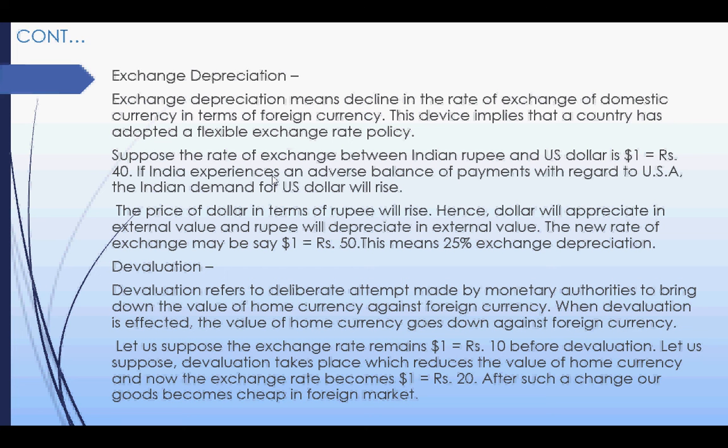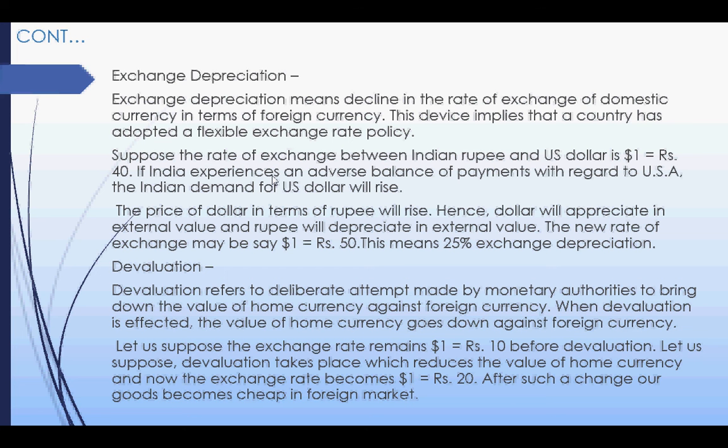Just imagine if India experiences an adverse balance of payment, in order to overcome this position with regard to US currency, the Indian demand for US dollar will increase due to the exchange depreciation. That means the price of dollar in terms of rupee will rise.